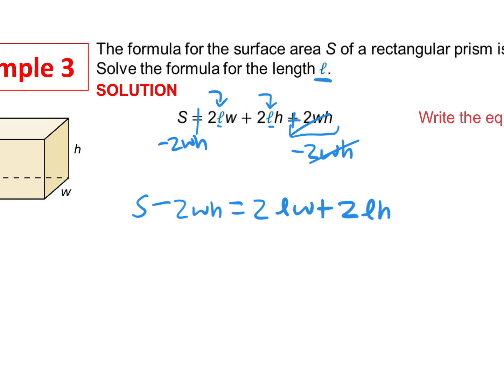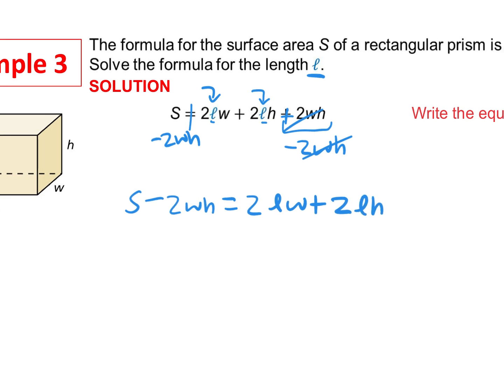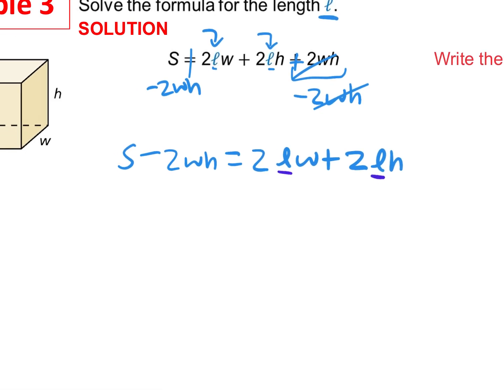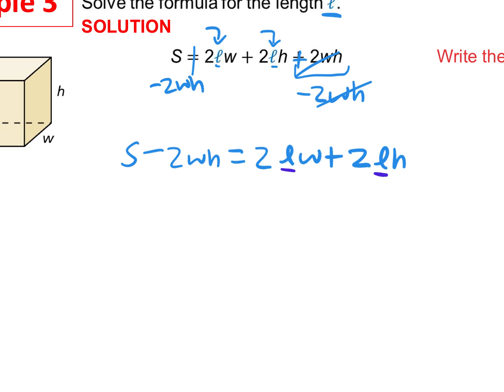Now the only things on the right side of the equal sign are terms that have an L. We have an L here and an L here, and these L's are being multiplied to 2w and 2h. So we can do something similar to the last one. Why don't we do reverse distributive property? Let's take out the L, and then you're left with 2w plus 2h.